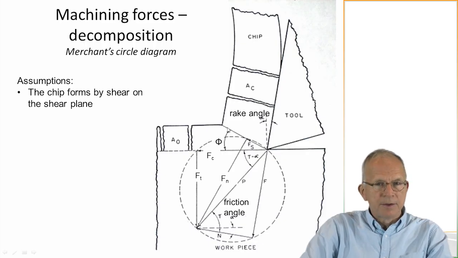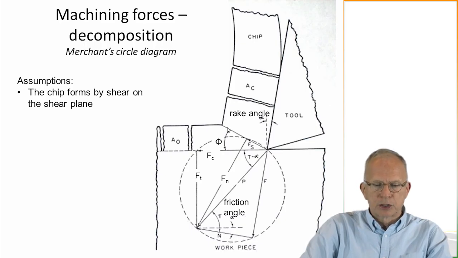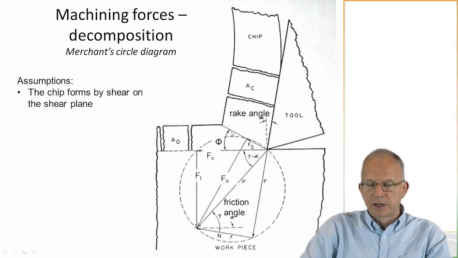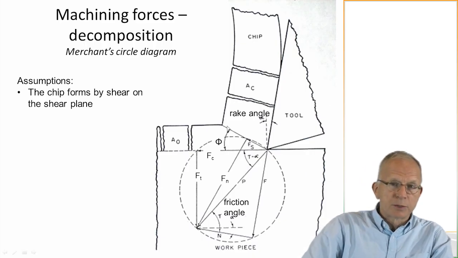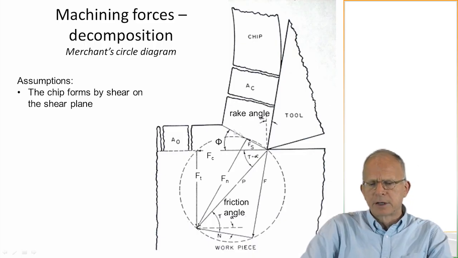And as I mentioned in the previous lecture, if you go online, you can find some videos of orthogonal chip formation, and you can see that this is a relatively thin zone. Now, if the material has more of a tendency to work harden, this will become a broader zone. And if it has less of a tendency to work harden, it'll be a smaller one.